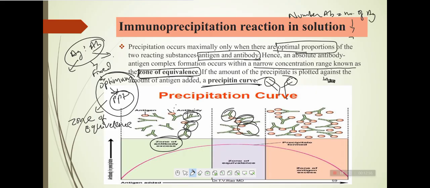This is the zone of equivalence. No, this is wrong. We can't say that the zone of equivalence depends on the number of antigen and antibody.